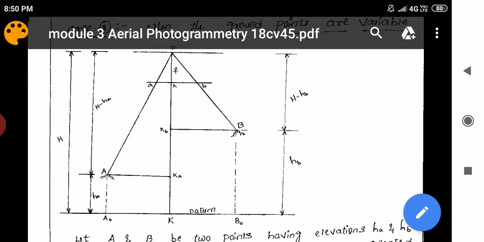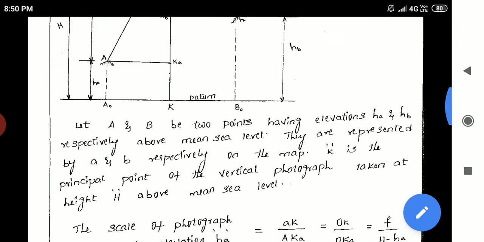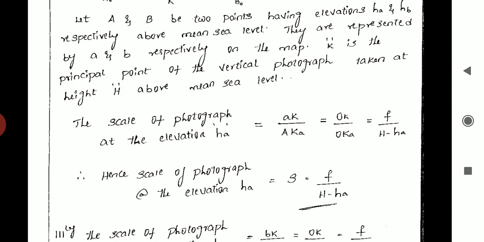K is the principal point of the vertical photograph taken at a height H above mean sea level. By using all this data, the equation becomes the scale of the photograph at the elevation hA.